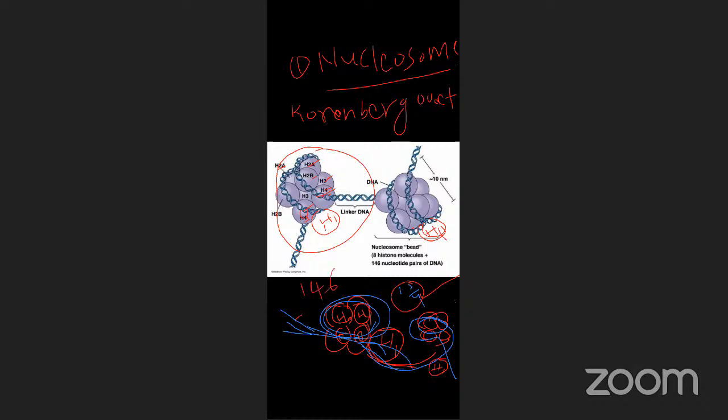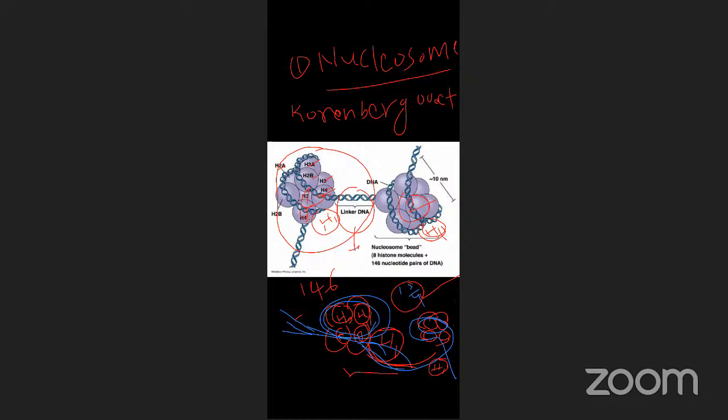The DNA is extended, that means it is a continuation, a continuous thread from one nucleosome to another nucleosome. This is one nucleosome, this is the second nucleosome. So these two nucleosomes are connected with DNA. This is called linker DNA, already clearly given here.